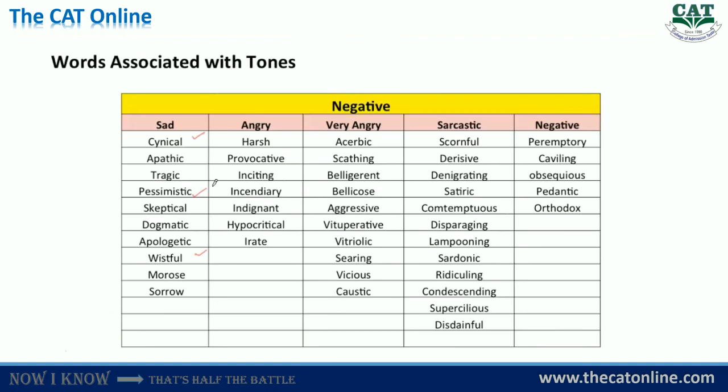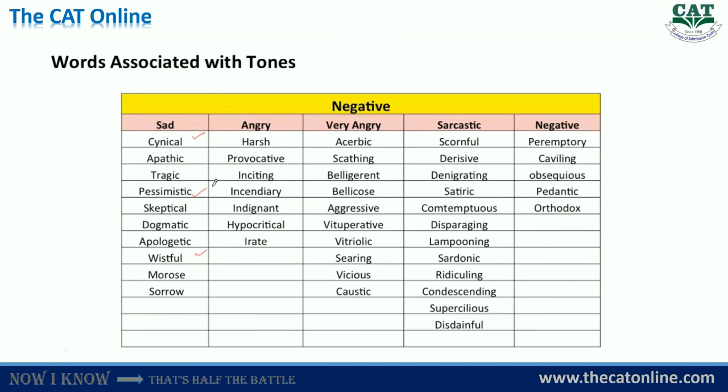Anything that is irritating would be irating. It may be indignant, where you find text that shows people are angry due to some unjust law or some injustice that has been done, and people are out in rage. So there's some gang rape that happened and people are protesting against it. Such a tone would be an indignant tone.